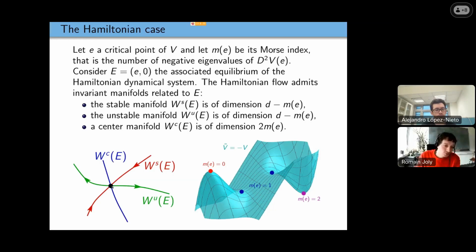There are also the trajectories which are repelled by your equilibrium point. Okay, it's an unstable manifold, and this unstable manifold is of the same dimension, d minus the Morse index. And also you have a center manifold, and this center manifold is the missing dimension to d.